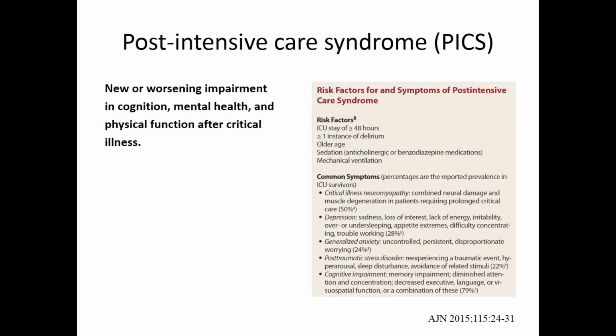So patients who survive their ICU time, if they've had delirium, are very much at risk for developing this post-intensive care syndrome, which is really only now being worked out in terms of what can be done for these patients. But again, I want to highlight that any episode of delirium experienced in the intensive care unit is a risk factor for developing these lasting consequences, which in some cases can be quite debilitating and can affect patients' productivity, quality of life, and ability to return to some normalcy.